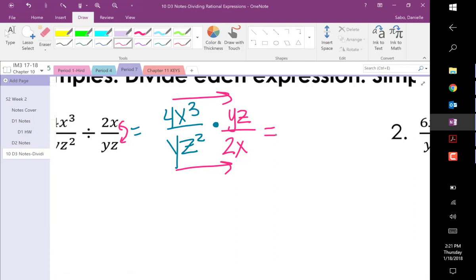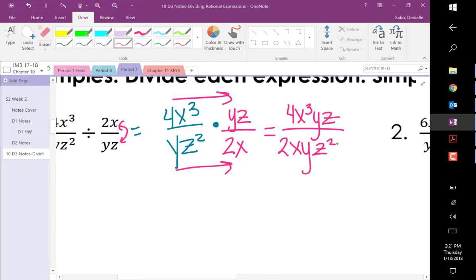You can't multiply them together because they're not the same, so we just rewrite them. 4x cubed y z all over, and look at the bottom: y times 2 is 2y. You can't multiply anything together, so we're just going to rewrite it. I like to go in alphabetical order because it helps me with being able to cross things out. I'll give you a second to write that down.